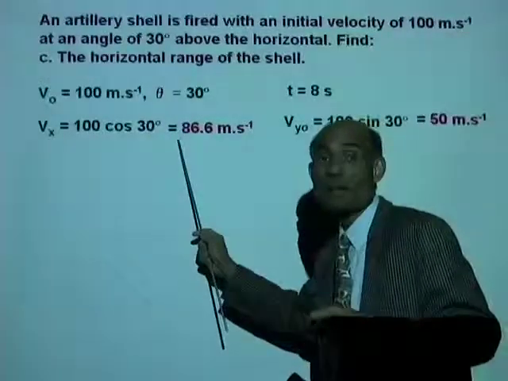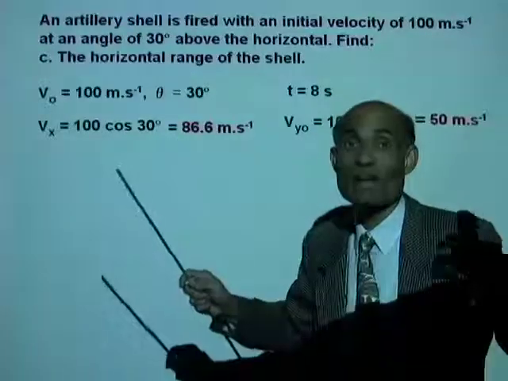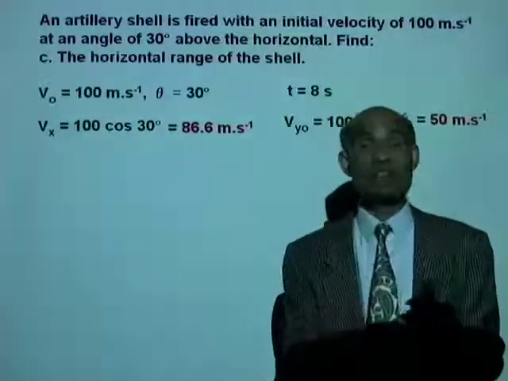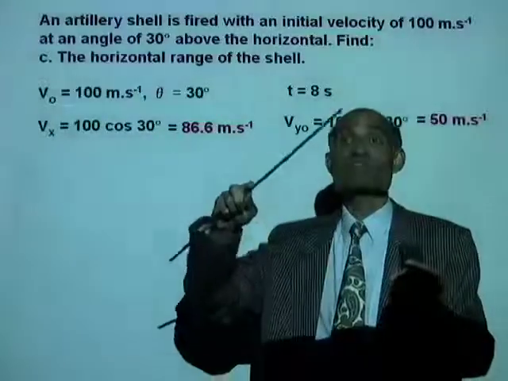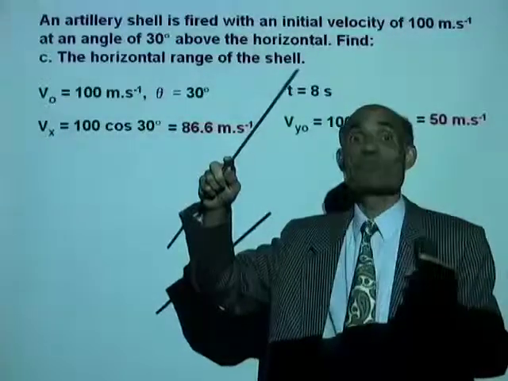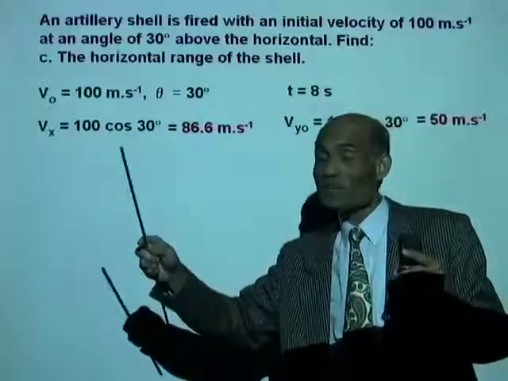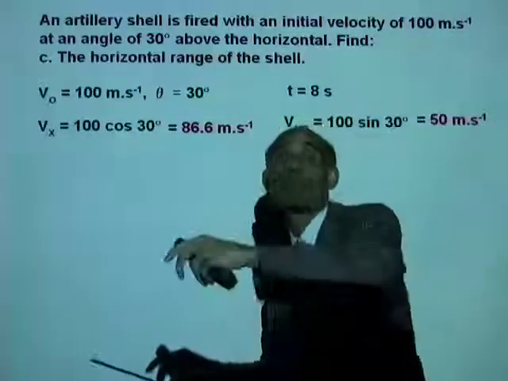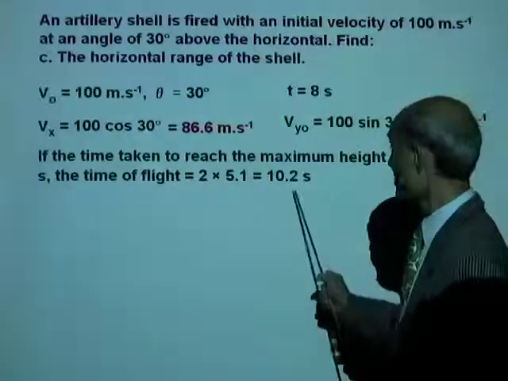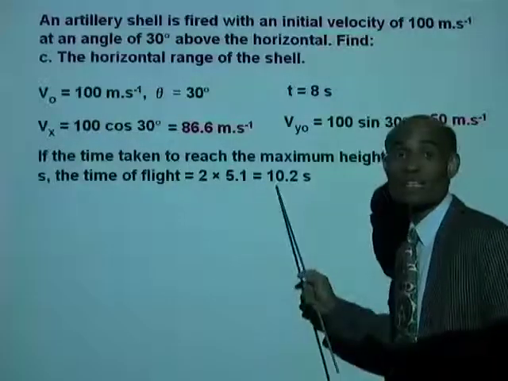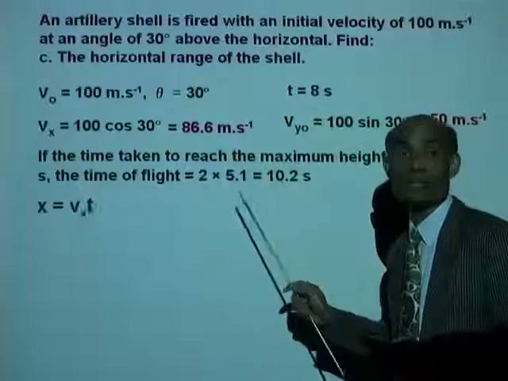If you multiply this with the time of flight, what is the time of flight? Well, if the time taken to reach the maximum height is 5.1 second, then the time of flight is double that time, which is 10.2 seconds. There you are. The time of flight is 10.2 seconds.